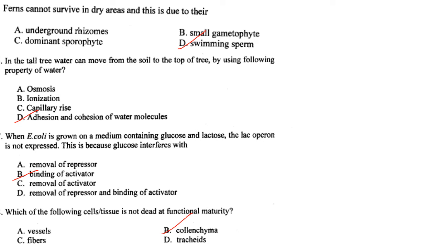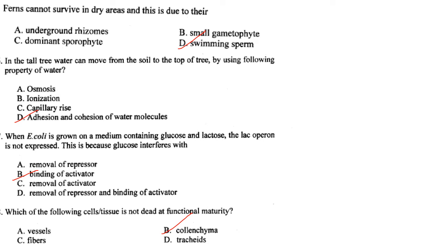The Lac repressor is released from the operator because the inducer lactose is present. Then cAMP levels are low because glucose is present. Thus CAP remains inactive and cannot bind to DNA. So transcription only occurs at a low leaky level. So the answer will be option B, that is binding of activator.